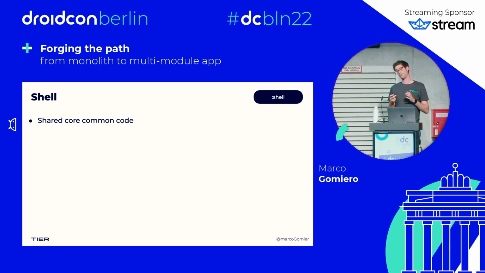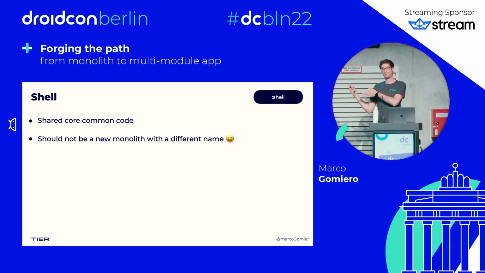Hopefully it should not become the app with another name, but should only contain all the common DTOs, common models, maybe some scheduler providers, stuff like that, that are used between each module.